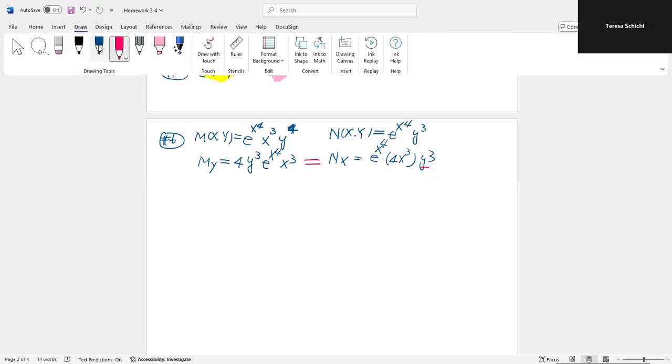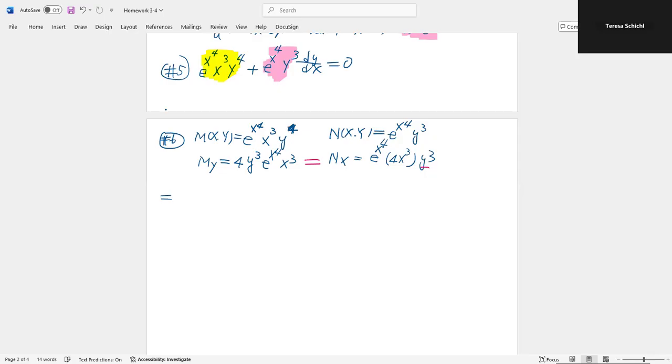Now because they are exactly the same, we can apply our regular methods here. So what is the first method? I assign this as the phi x function, which is going to be my Mxy, so this will be e to the x fourth, x cubed, y fourth.